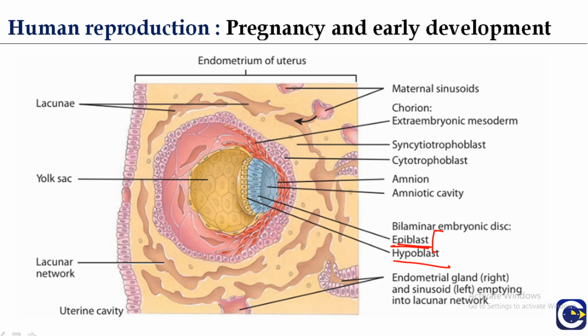This is the main part from which the complete embryo further grows, and this is the amnion, the fluid-filled cavity of the amnion, and here is the yolk sac. Here are the extraembryonic mesoderm and chorion. So these are the structures which are further formed during the process of gastrulation.